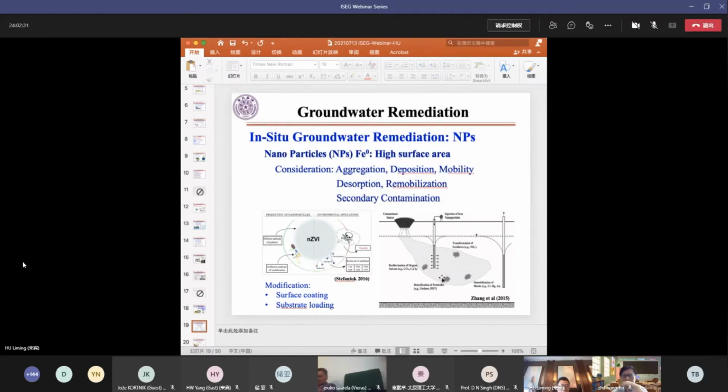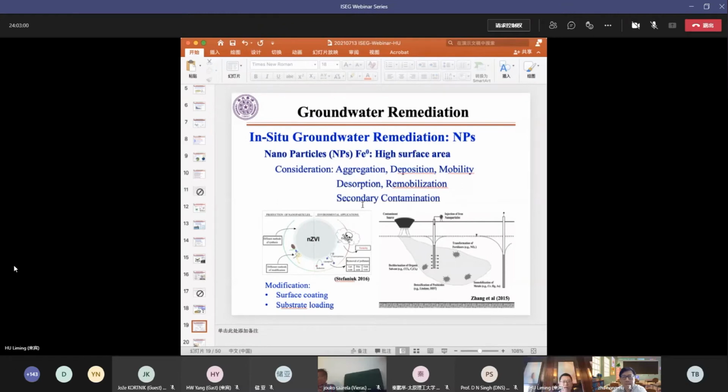It has a very high surface area and can absorb and react with the chemicals very efficiently, but it has some negative impacts, such as the aggregation of the nanoparticles and the remobilization of the nanoparticles.